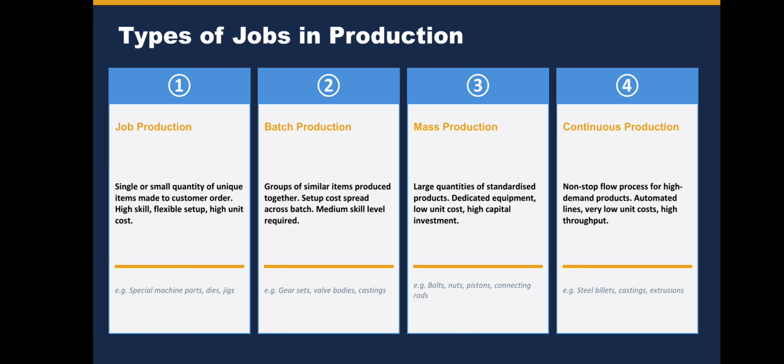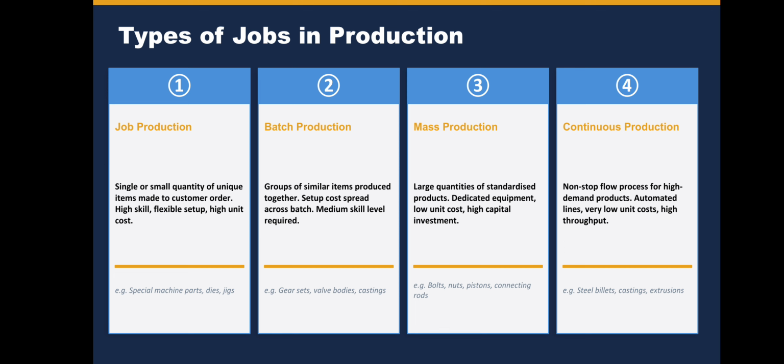And mass production means large quantities of standardized products. The name also indicates mass production, that means large quantities of products are manufactured. Dedicated equipment, low unit cost, and high capital investment are very important in mass production.